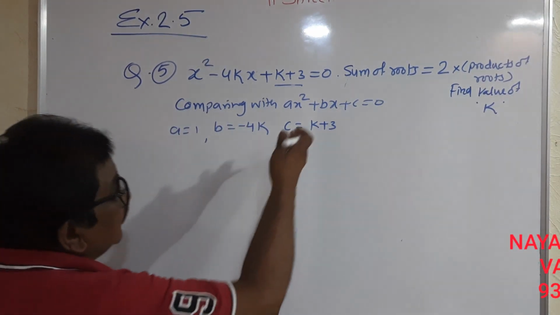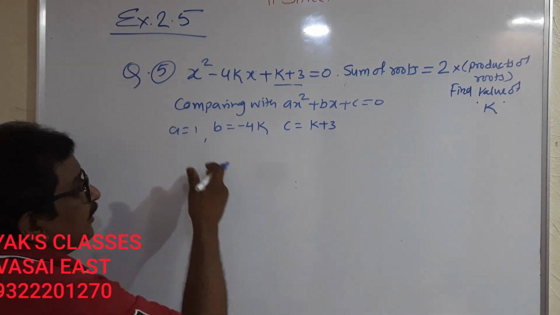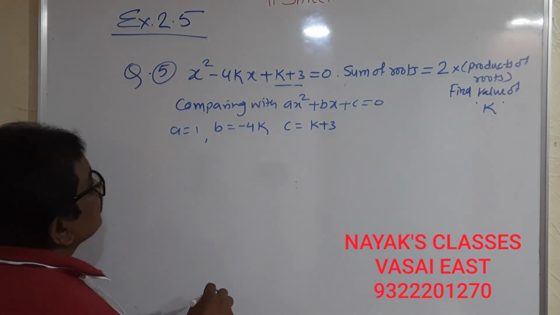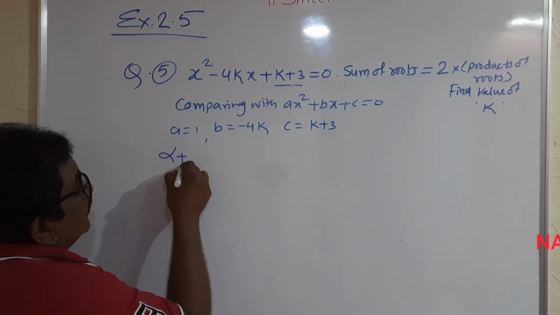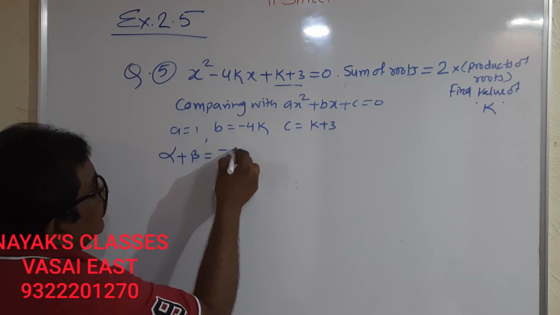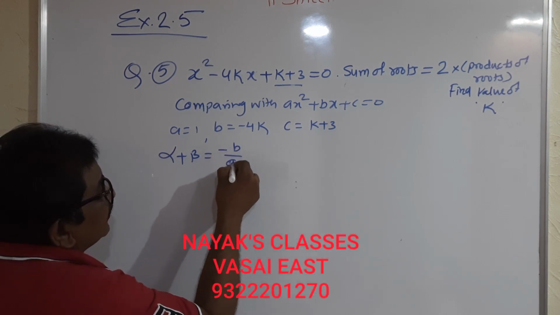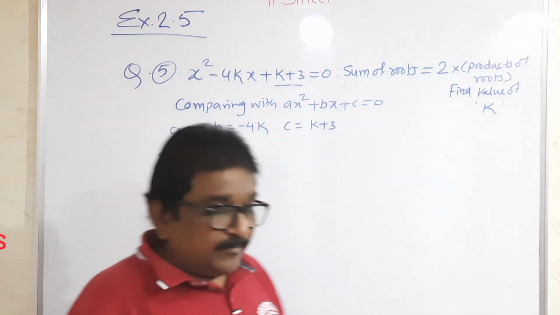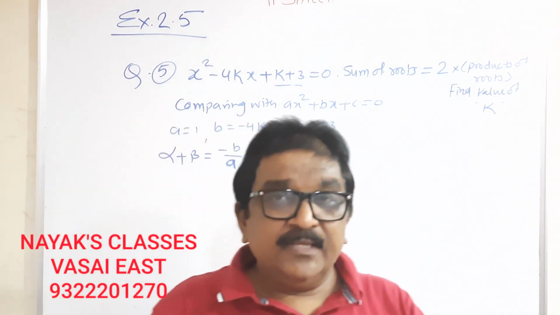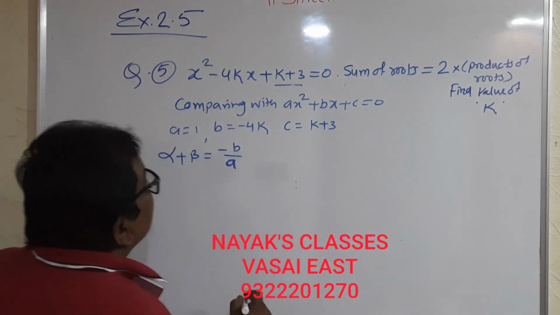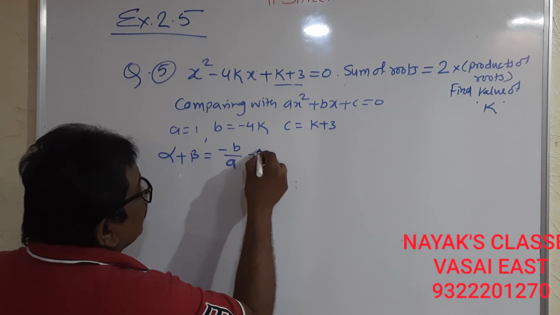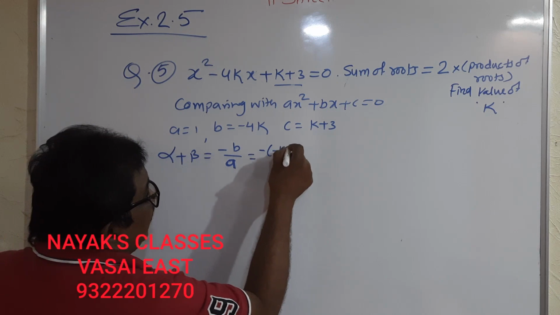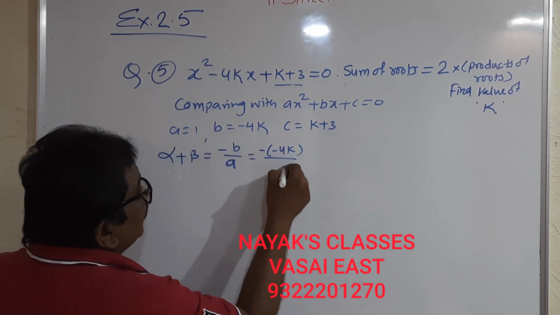So first we compare and we get the values of a, b and c, and now we use the relations. Alpha plus beta is equal to minus b upon a. Here b is minus 4k, therefore minus into bracket minus 4k upon a, which is 1.